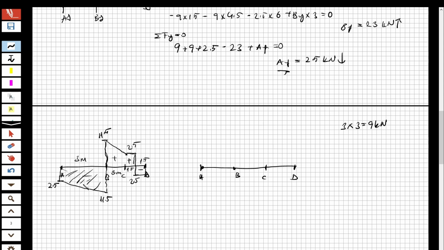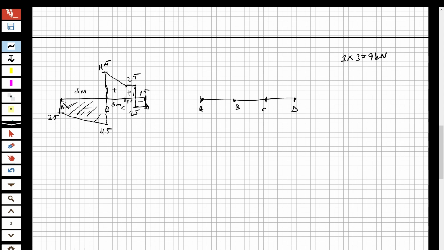How am I going to calculate the area of this shape? It's going to be 2.5 plus 11.5 over 2 multiplied by this length. What is this length? 3 meters. Multiplied by 3, and this is 21. So I'm going to decrease as parabolic by 21.